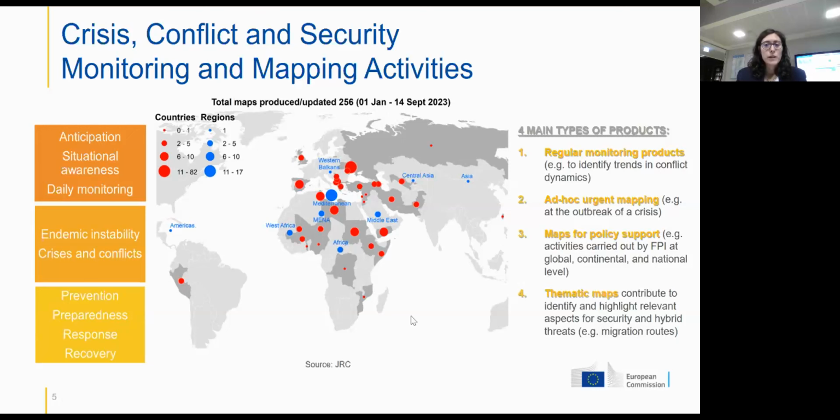These are useful to identify medium to long-term trends and dynamics. But many of these maps are also ad hoc, urgent maps that are produced at the outbreak of a crisis, often on very short notice and a very tight deadline, Israel and Gaza to mention the latest.